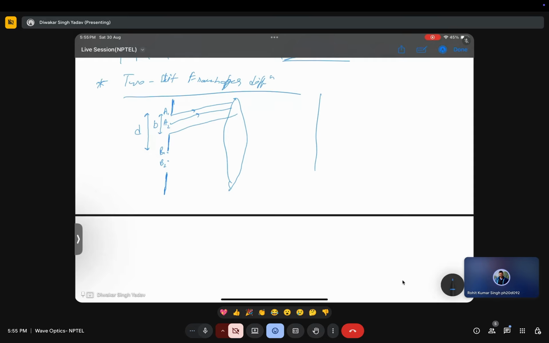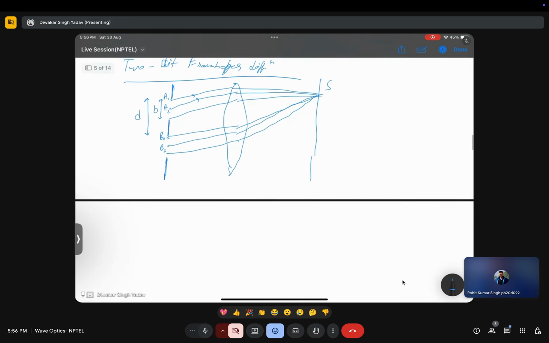Here your screen is there. So what will happen is, first they will have diffraction among themselves, and then they will interfere with the wavelets from the second slit. So there will be interference as well as diffraction.